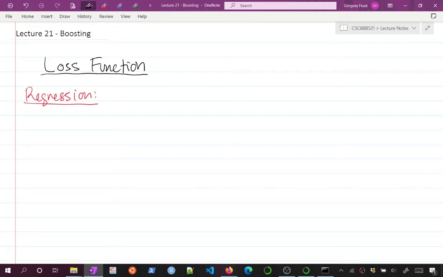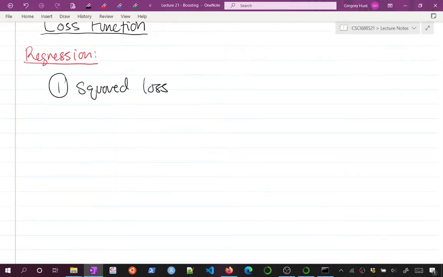we particularly worked with what's called the squared loss, or the squared error loss, where my loss for some function f is (y minus f of x) quantity squared.